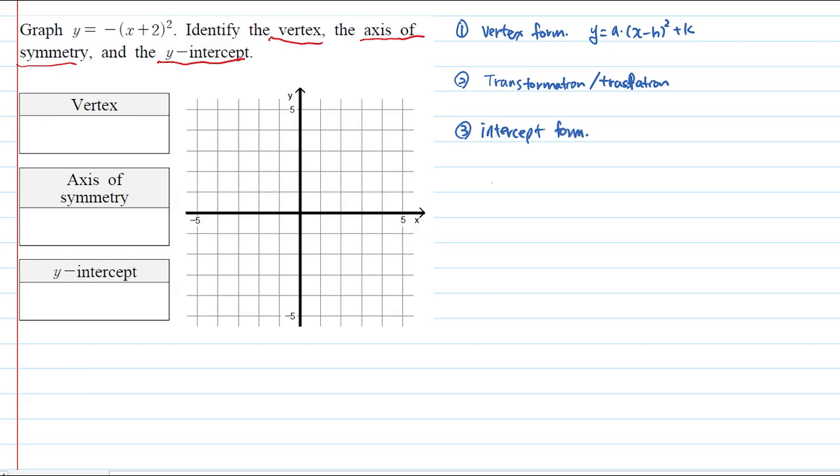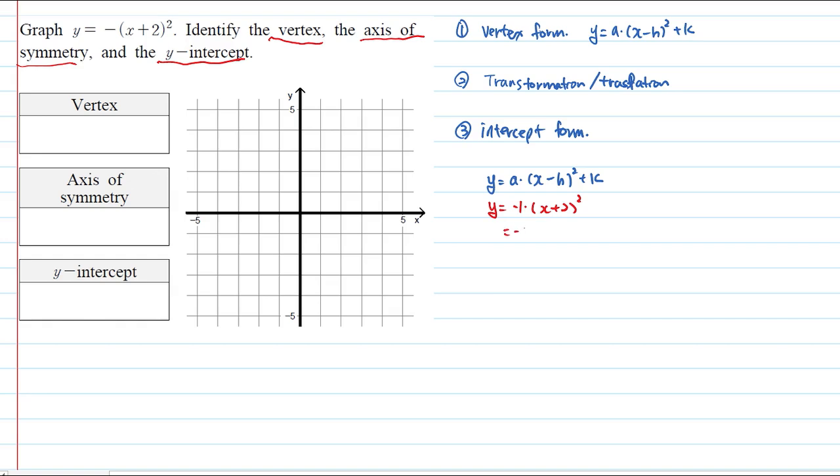Now, the vertex form. Well, we know that the vertex form is y is a times (x minus h) squared plus k. And rewriting our question, we know that y is equal to negative 1 times (x plus 2) squared.